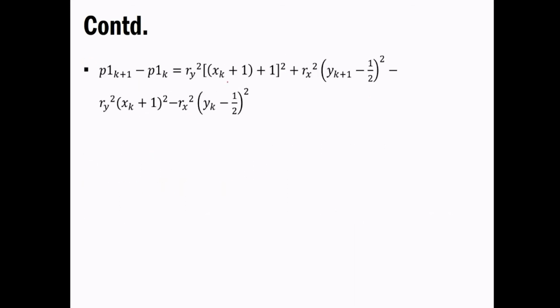So right now we have simplified this and substituted xk plus 1 whole square, because of the parameter that we got. We have substituted this with the xk part, because eventually you would be getting xk plus 1, so that can easily be replaced with xk. At the end you would be getting the same value at this particular stage, and then plus rx square, and similar things are written over here. For our simplification, we have done this.